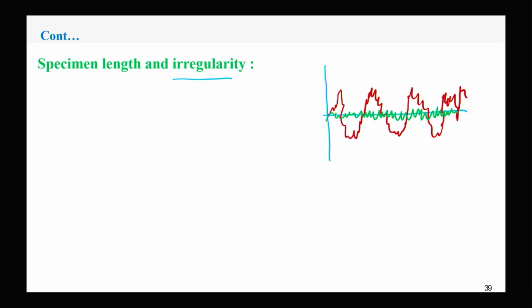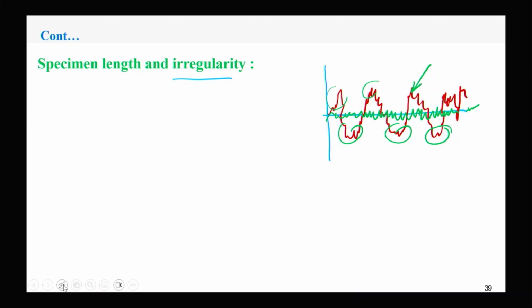Both of them have the same mean strength, and that's why the weak link effect of length will be prominent in the case of the red yarn. That is, the higher the variability, the higher will be the weak link effect.